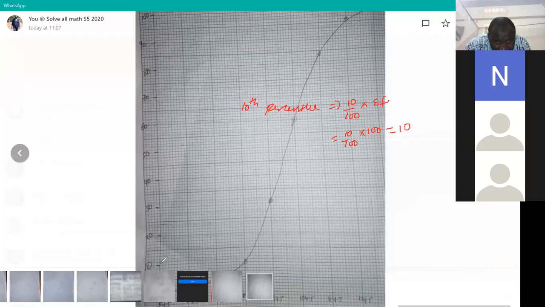So you look for the 10 here, match it on our curve like we have been doing, then read the value down. They can say the 70th percentile. 70th percentile would mean 70 out of 100 of the total frequency.